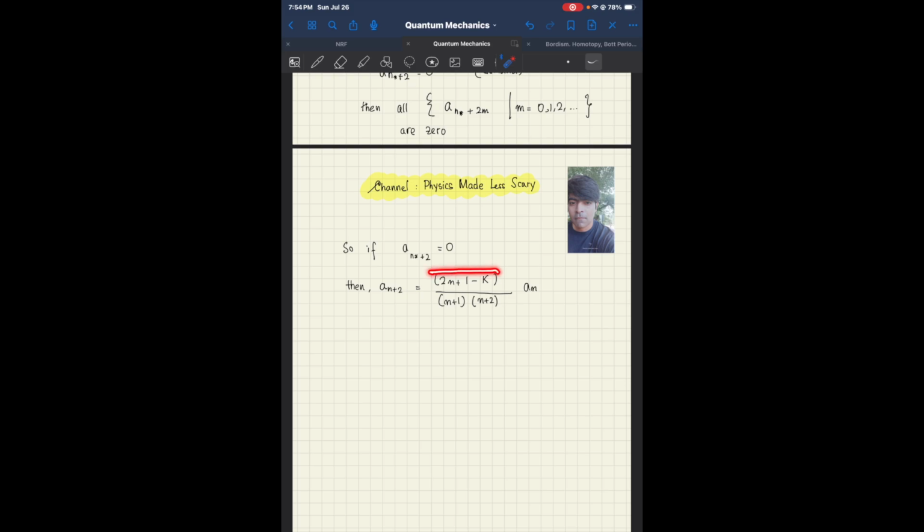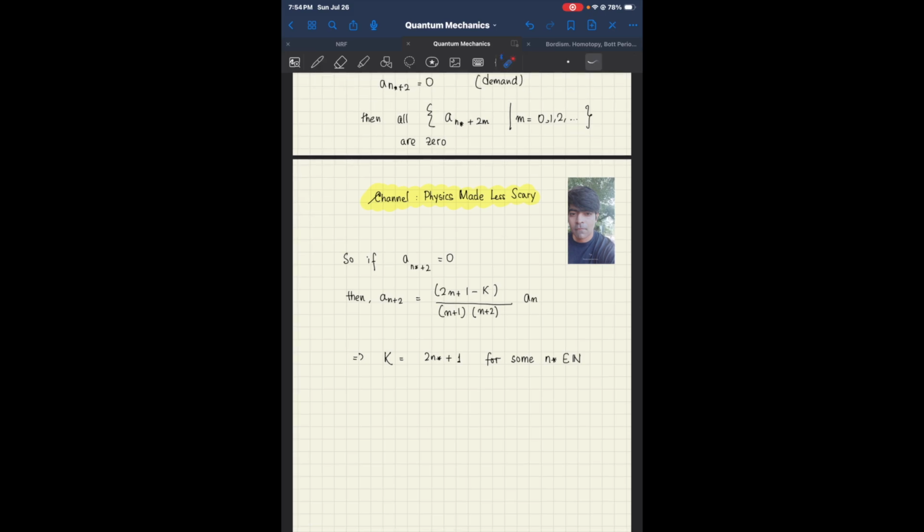Which means that this numerator has to be 0, right? Do you get it? Which implies k is equal to 2n* plus 1 for some n*, which is a natural number. 5, 10, 100, doesn't matter, but something, right? Do you agree? That's the only way you would have a_{n*} non-zero, but a_{n*+2} 0, because this term vanishes.